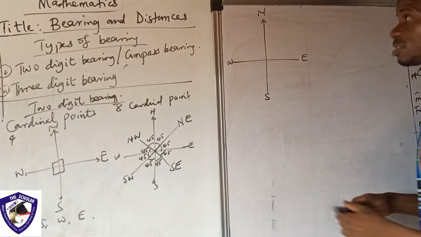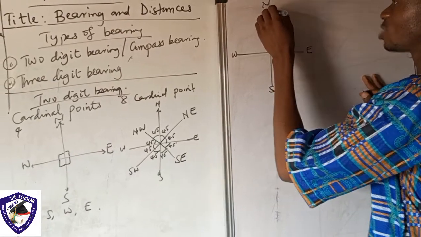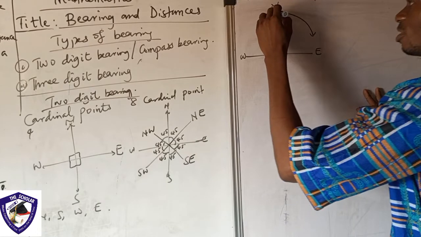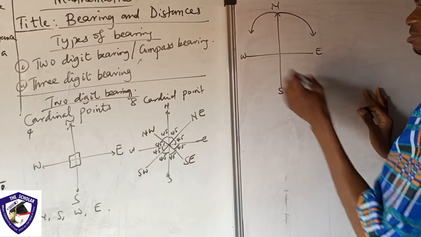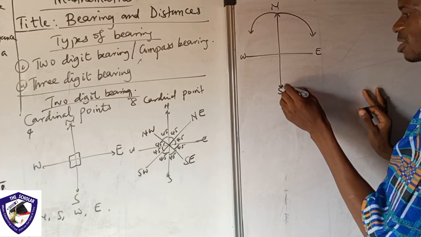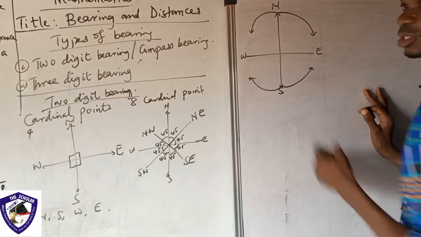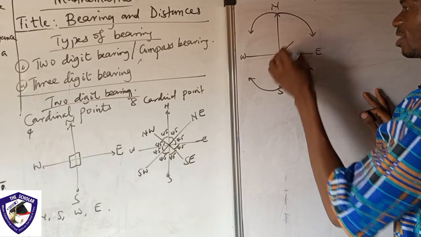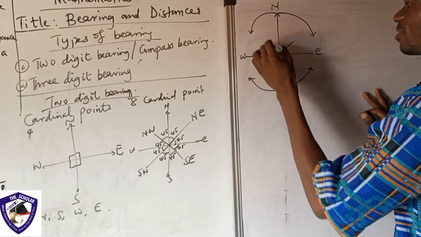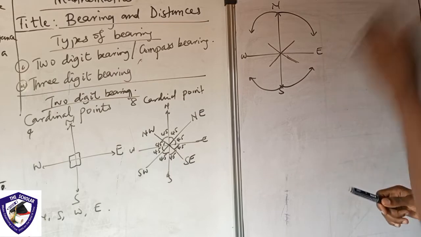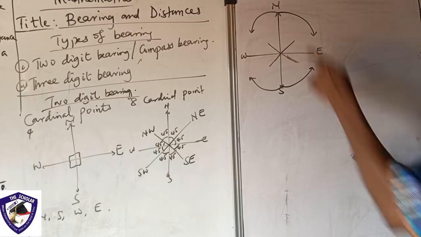Are you with me? Since it's two-digit bearing, you measure from this point here, or go this way, then also from the South Pole to the east, or this way. This is very important when it comes to measurement of bearing in compass bearing.